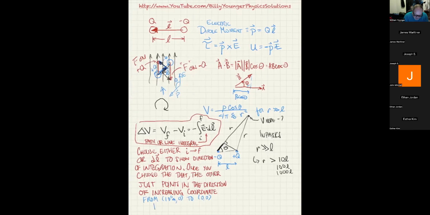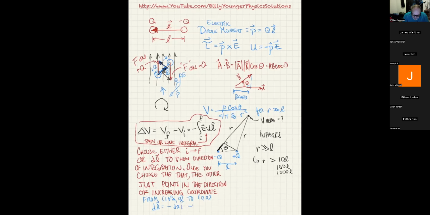I can say dl is equal to negative dx i hat. And you can see, since I'm actually going along the x-axis, I've chosen the dl to indicate my direction of integration.